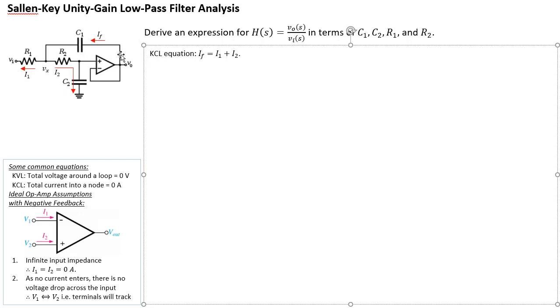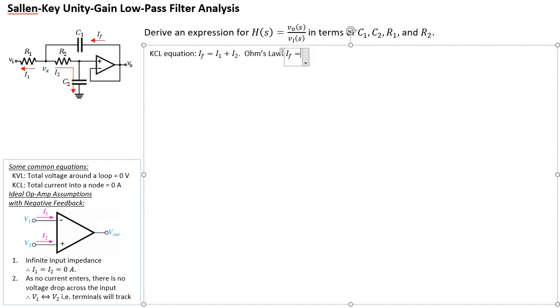IF is a current that flows from VO to VX, so I can write an Ohm's law equation that relates IF, VO, VX, and C1. So let's write that. This is Ohm's law.